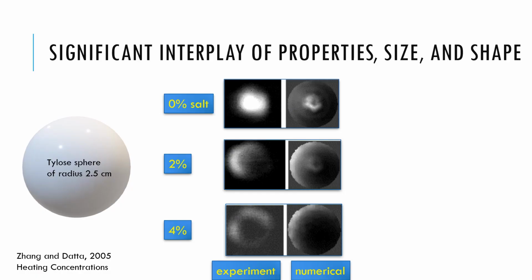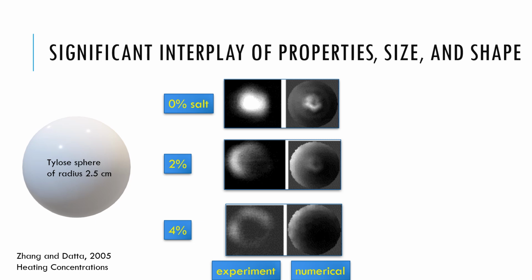We are in the section where we are supposed to be talking about the effect of properties, and we have been, except that in the last several slides, when we talk about properties, the size and the shape also come into the picture.